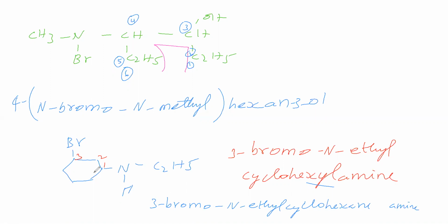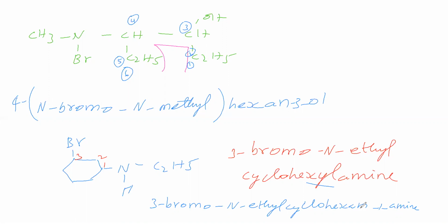This is at the first carbon, so 1-amine. But here in amine the first letter is A, which is a vowel sound, so we have to take out this E. Therefore cyclohexane-1-amine is the name of this compound.